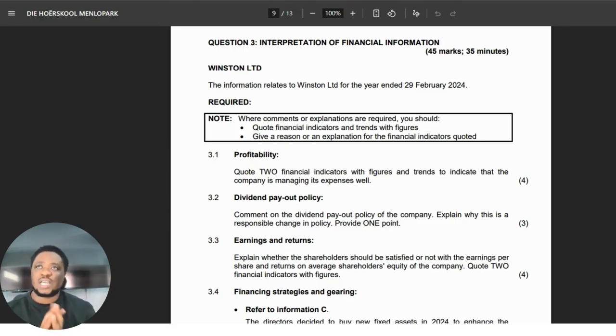If you're managing expenses well, it means there must be something like operating expenses on sales that's reducing, or you can look at your profitability as a business, because the more profit margin you're able to generate, the more it indicates that you are able to manage the expenses well. So we're going to quote two financial indicators with trends and make a comment, and that's how we're going to get these marks.